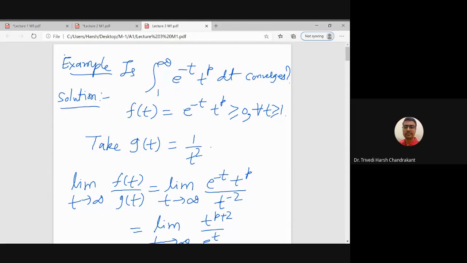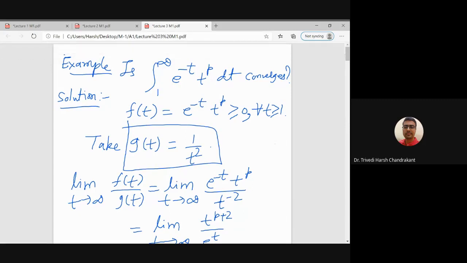This is the example which we were discussing last time: the integral of e power minus t, t power p dt, whether it is convergent or divergent. I've written this solution: we compare this function with 1 upon t square.